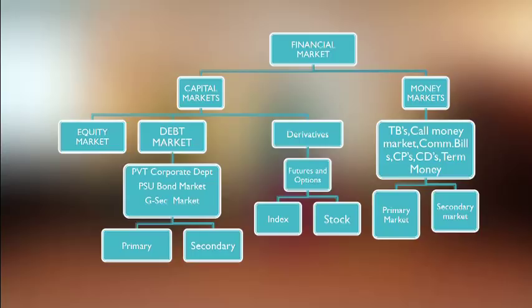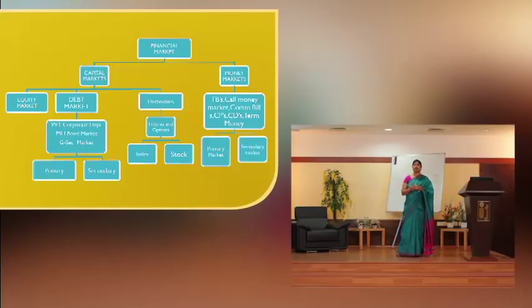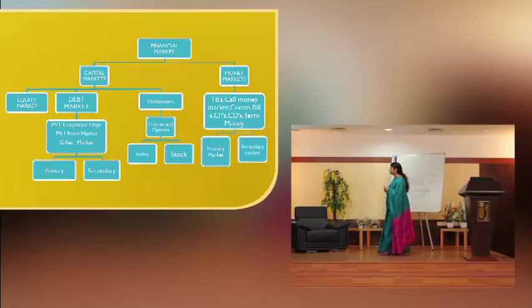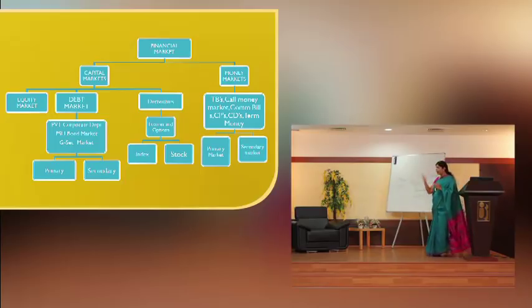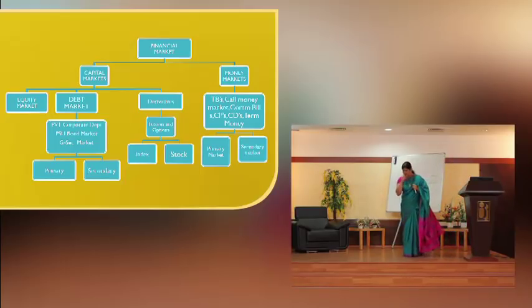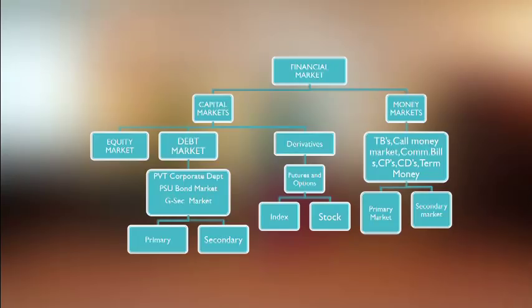The money market instruments can range from treasury bills, call money, notice money, commercial bills, commercial papers, certificates of deposit, term money, etc. In the case of capital markets, as I said, they are long-term investments. They range from the equity market, which deals in equity shares, then the debt market, wherein we have different types of bonds and debentures, and then the derivative market.